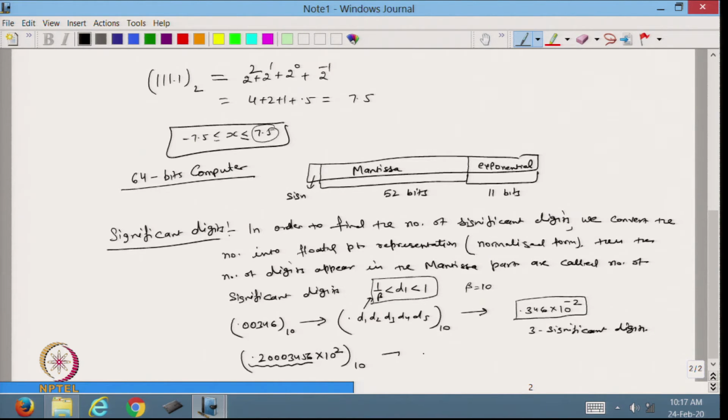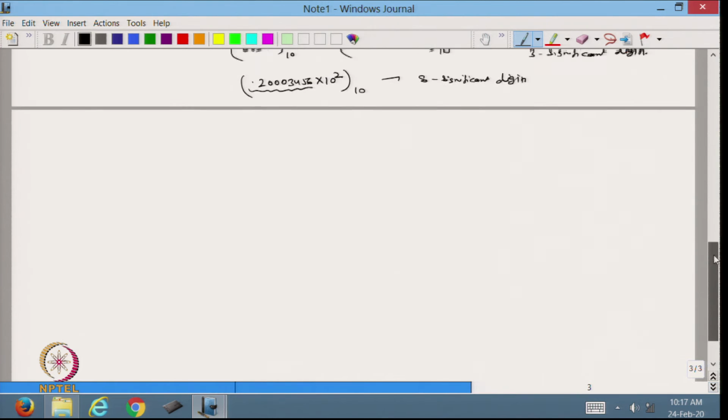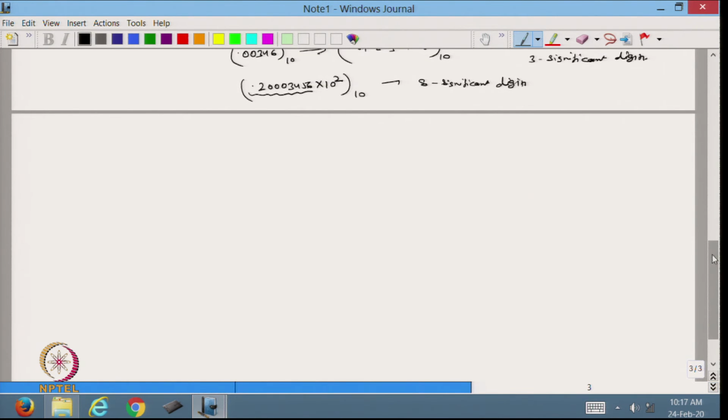So, I can say that this has 8 significant digits. So, in this form we can say that this number has the normalized form, and has 8 significant digits. So, this is about the significant digits.